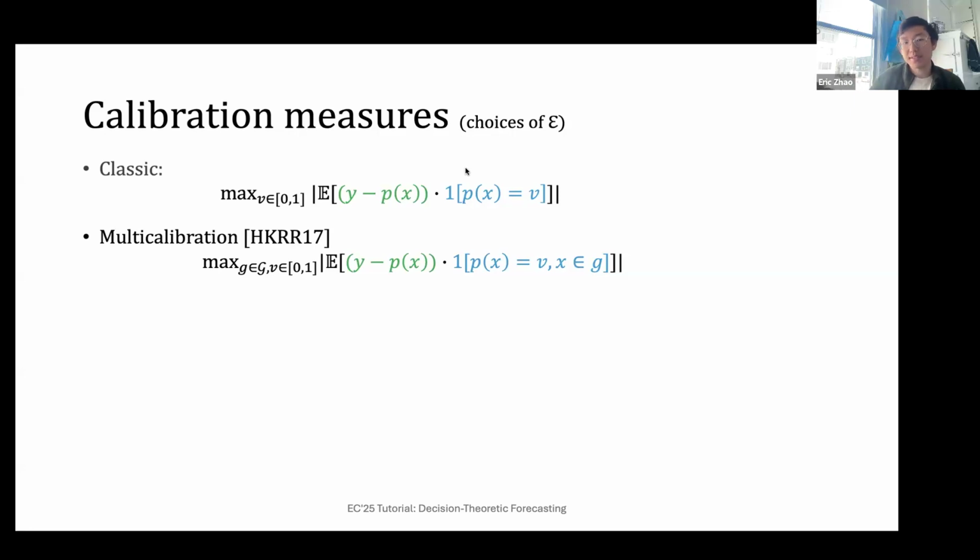One way to think of this is that I'm not only asking to be calibrated marginally, I need to be calibrated in each of several subgroups of the domain. These subsets can be intersecting or really weirdly shaped.